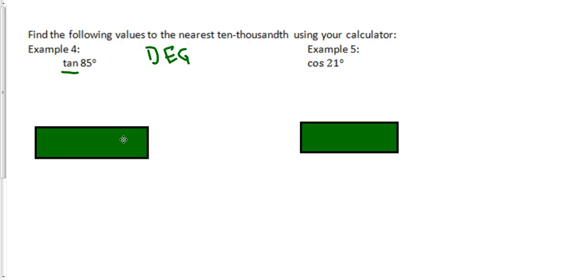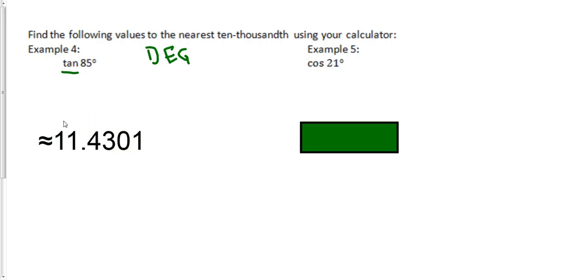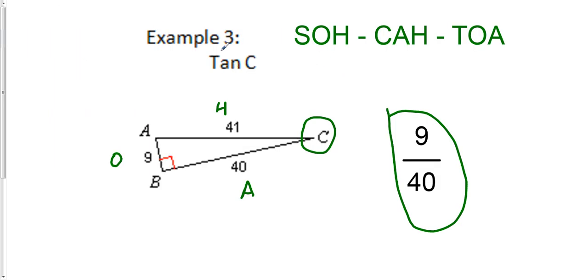When you type that into your calculator, you'll get about 11.4301. Remember, it said round to the nearest 10,000th, so we go out to 4 decimal places. Now, why does this say tangent of 85 degrees? Well, again, these ones are saying tangent of an angle. So what they're saying is, what if we knew that this right here was an 85-degree angle?